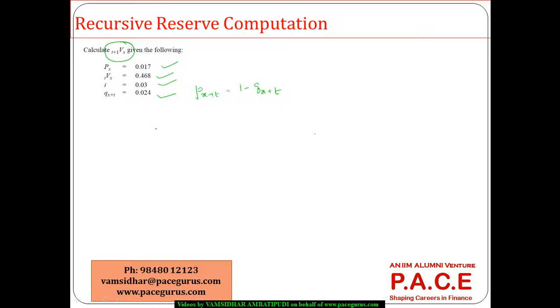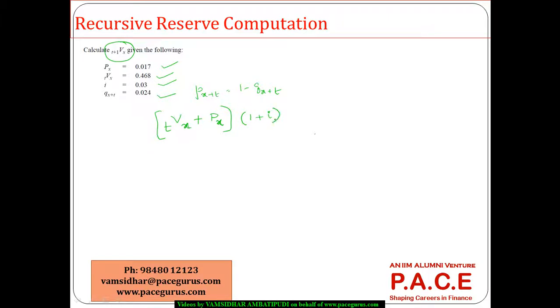We know the recursive relationship. The reserve that is there at the end of period t plus whatever the premium that was collected, level premium that is collected in the period t to t plus 1, that is collected at the beginning of the period itself.